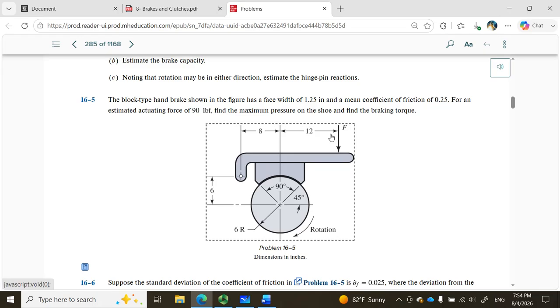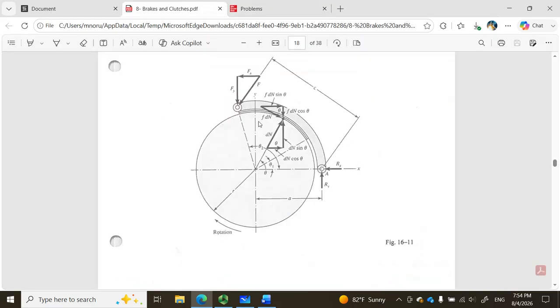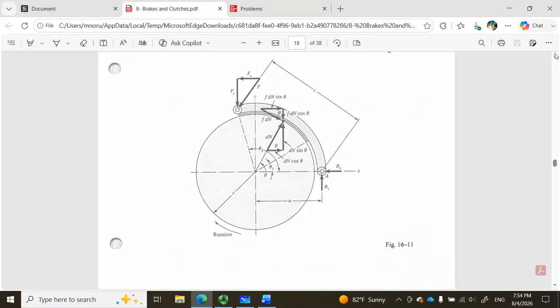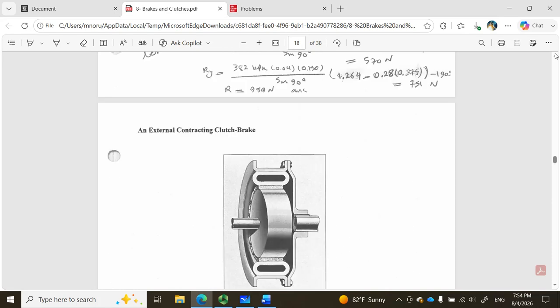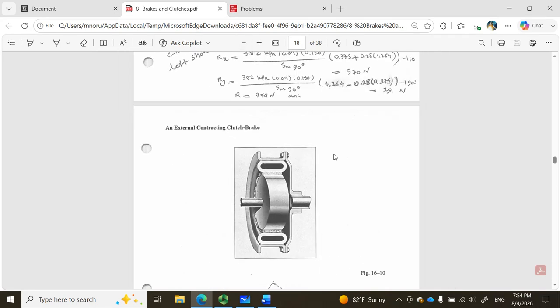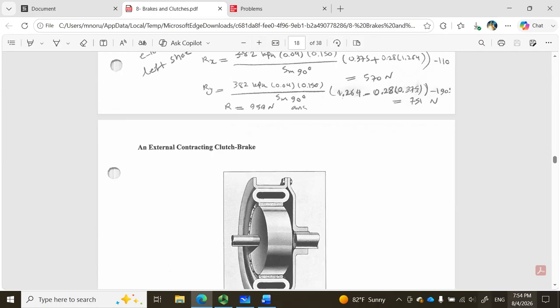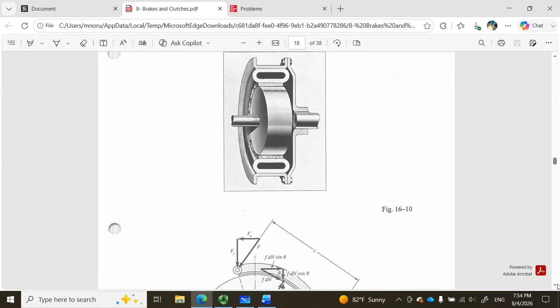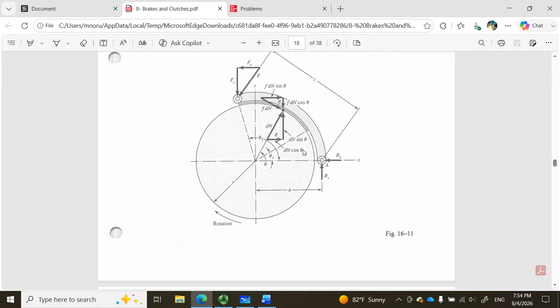Alright, so this type of brake, its mechanics is similar to this guy. So what you studied in the book, external contracting brake. So how it works, you see this, we have a pivot here, right?